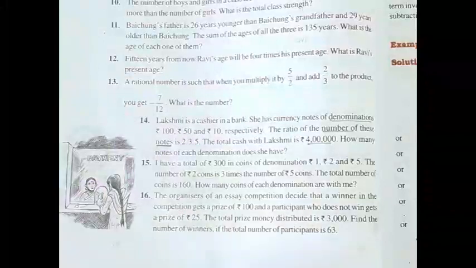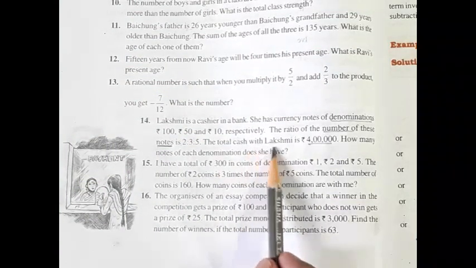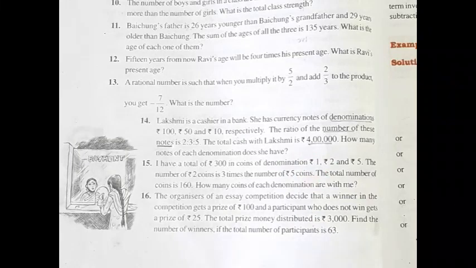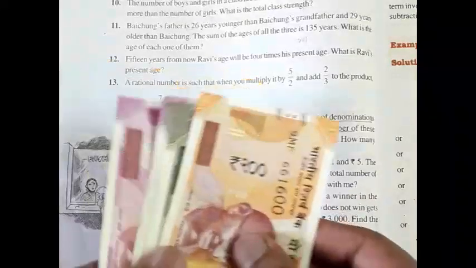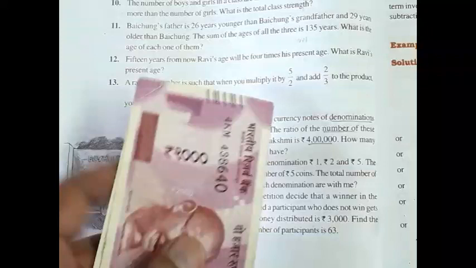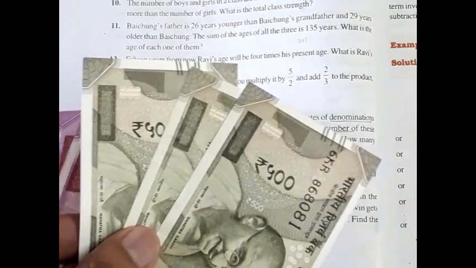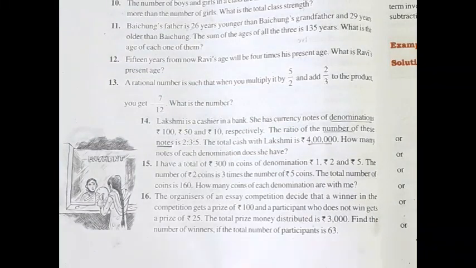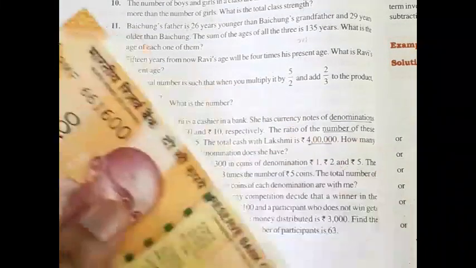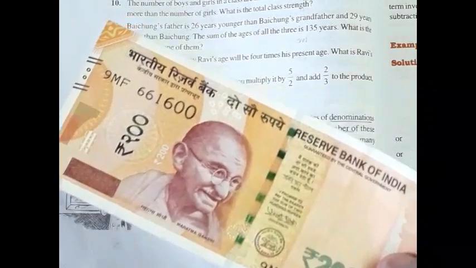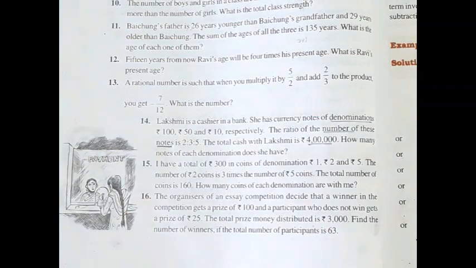So that is number of notes. Now the total cash with Lakshmi is 4 lakh. Then what is the total cash with me? 2000s are 4000, 3 500s are 1500, plus 4000 is 5500, plus 200. So I am carrying 5700 with me. Hope you are clear with this.